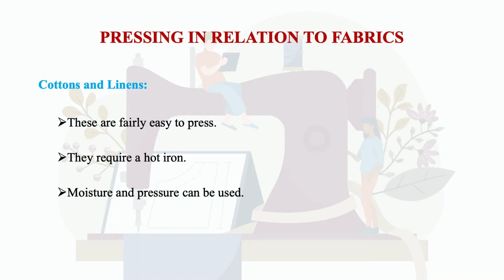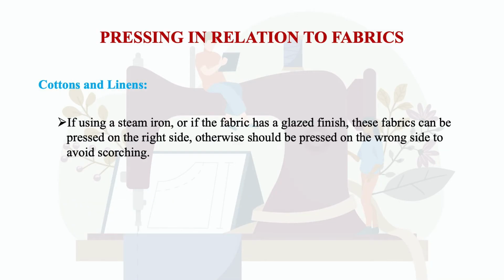Moisture and pressure can be used to do the pressing. If using a steam iron, or if the fabric has a glaze finish to make it more shining, these fabrics can be pressed on the right side. Otherwise we can use the pressure on the wrong side of the fabric, to avoid scoring. So this is how we do the pressing on linen and cotton fabric.